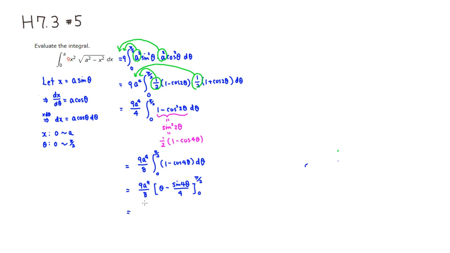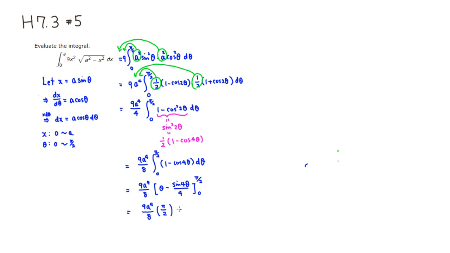Plug in pi over 2, and 4 times pi over 2 is 2 pi. Sine of 2 pi is 0, so minus 0. If you plug in 0, it's 0, and sine of 0 is 0, so everything else is 0. So I'm going to just erase that, and you're just going to get that.